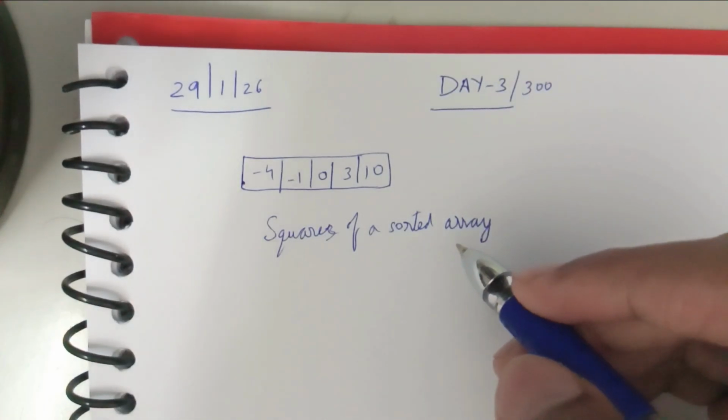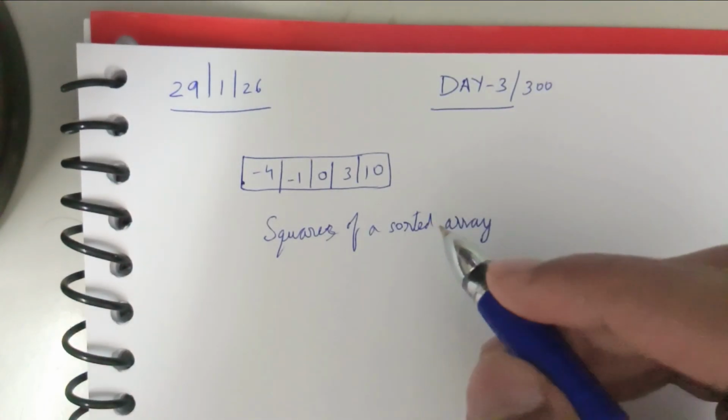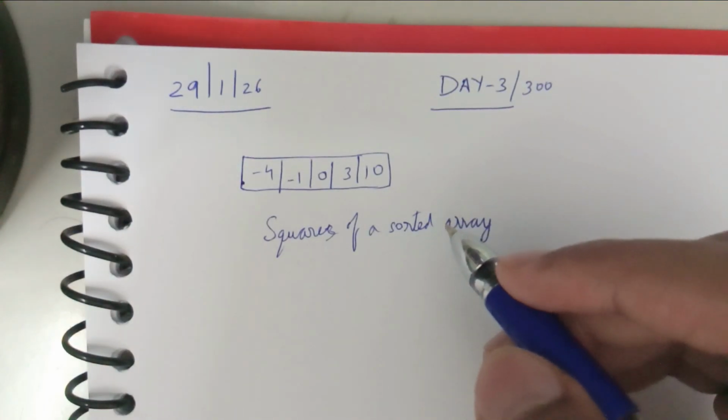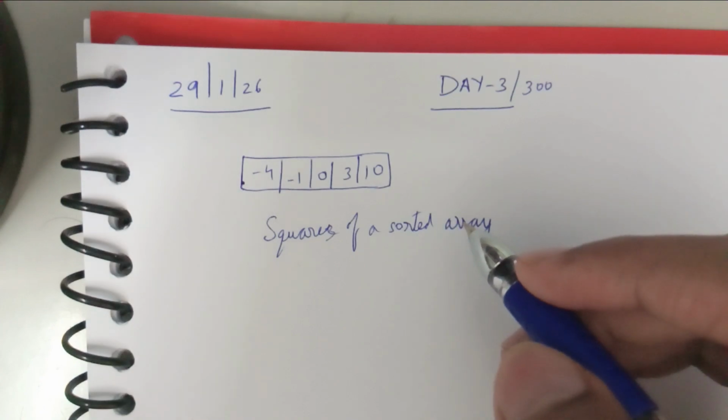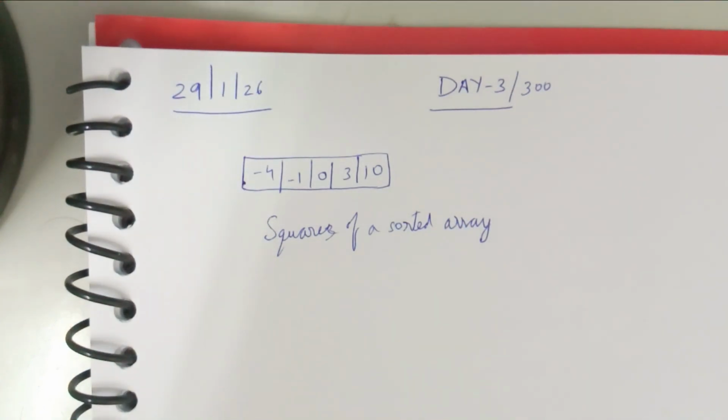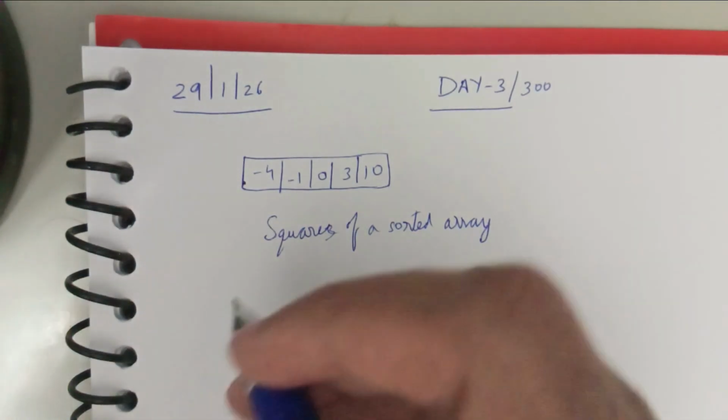So in this question we are given an array and we need to find the squares of that array, and also we are given that the array is sorted.